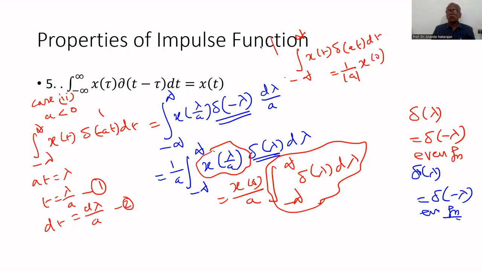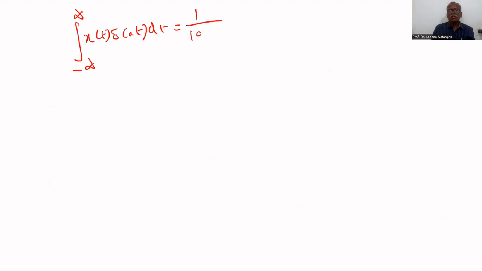This is the result we got for both positive and negative; we got the same result. So, what is the result? The integral from minus infinity to plus infinity of x of t δ(at) dt equals 1 by, always positive, modulus of a multiplied by x of 0. Let it be A.